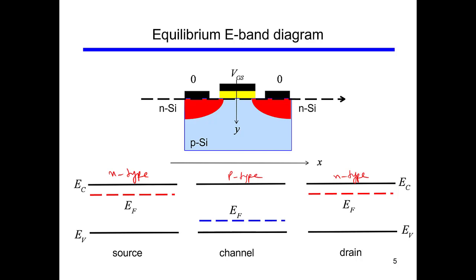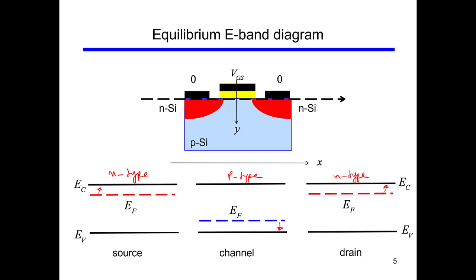So we already know that the Fermi level of the n-type is near the conduction band, and the Fermi level of p-type is near the valence band.